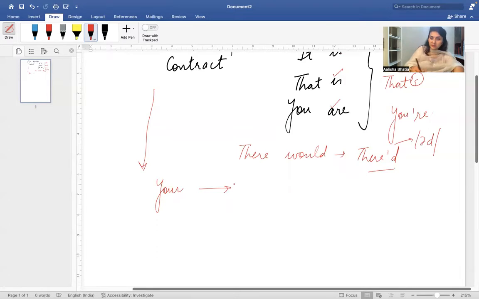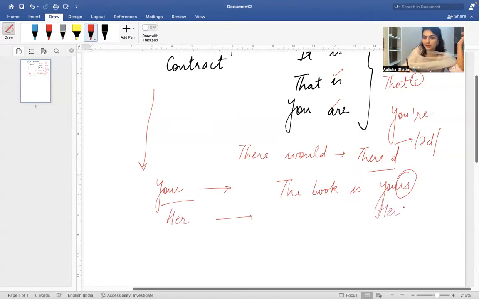Let's say, this is your book, right? The book is yours. So what I have done here is added an extra S, which is talking about the possession. This is her book. The book is hers. Again, I have added an S after that.